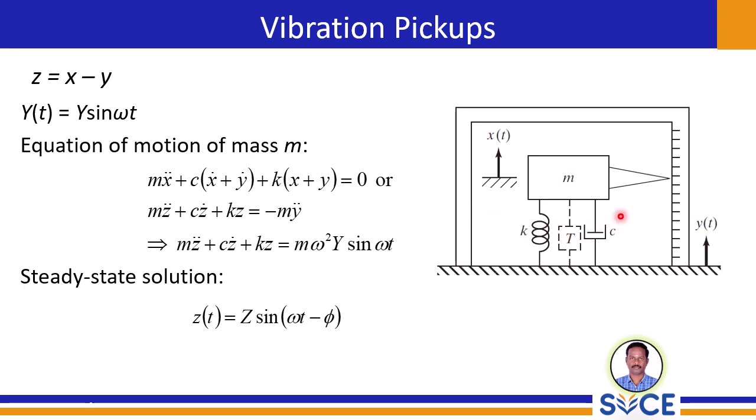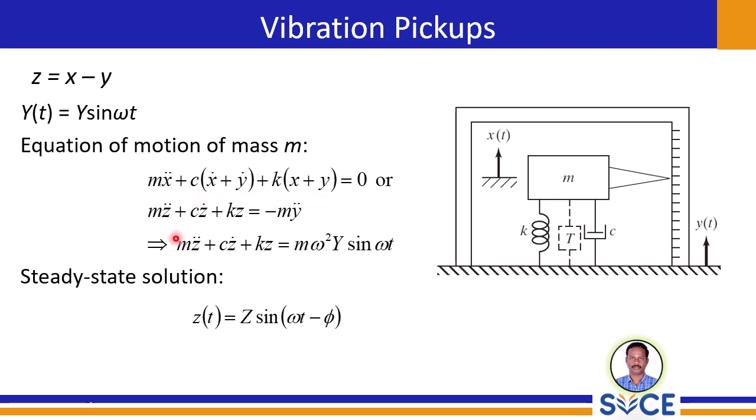Applying Newton's law, considering the forces acting on the mass, spring force, damping force, and the inertia force, we can arrive at this differential equation, that is m x double dot, the inertia force, plus damping force plus stiffness force.